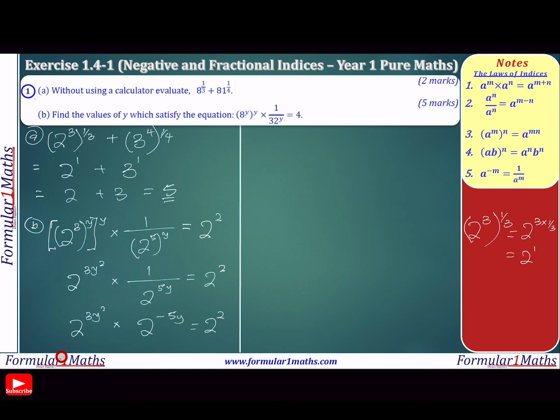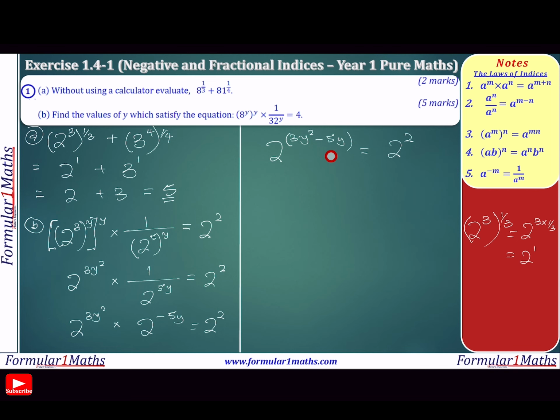Now we have the base here to be 2 and the base here to be 2, so we can go ahead and use rule number 1 to simplify the left-hand side as follows. 2 to the power 3y squared minus 5y, and that will be equal to 2 to the power 2. Now we have an equation where the bases on both sides are 2. That implies that the powers on both sides must be the same.